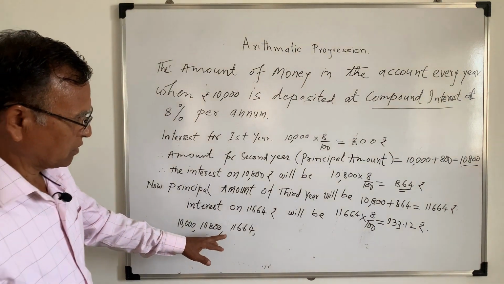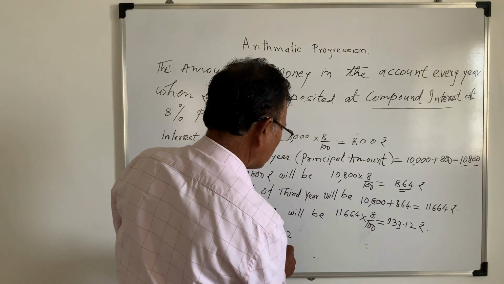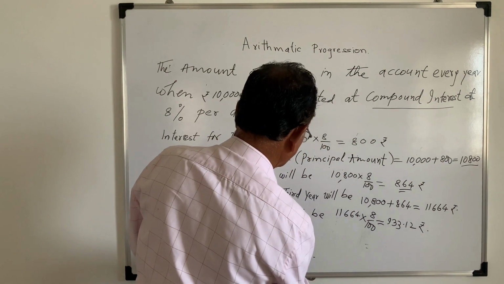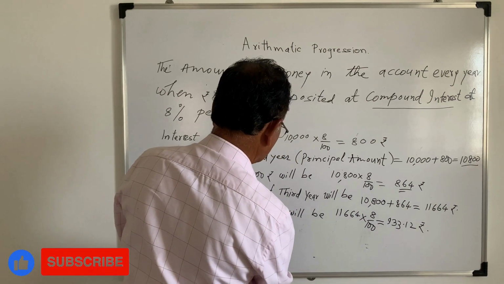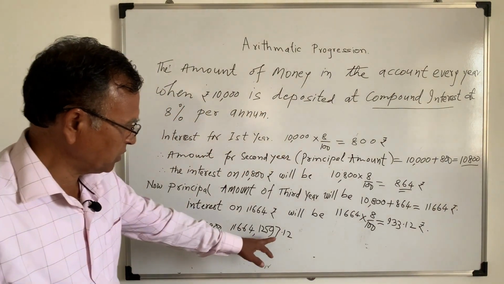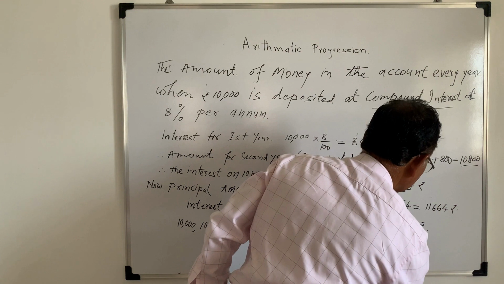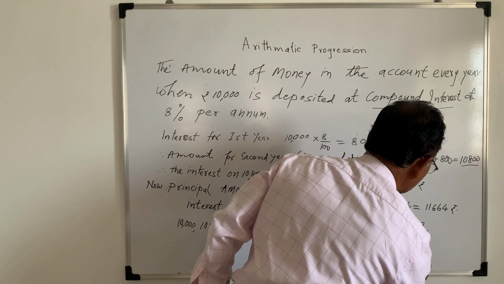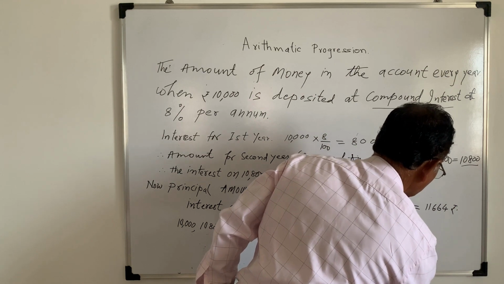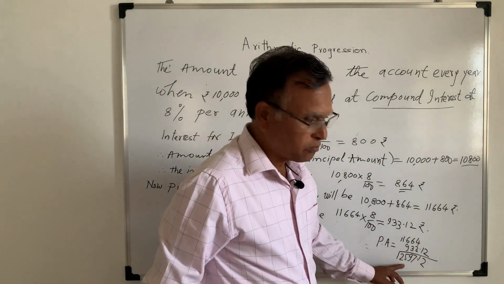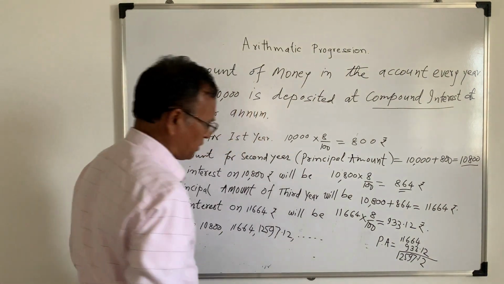Okay, and again if you add 933.12, the principal amount will be 12,597.12, that will be the principal amount for the next year, the fourth year.